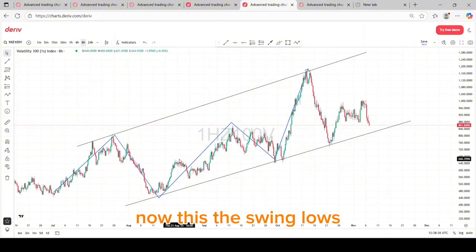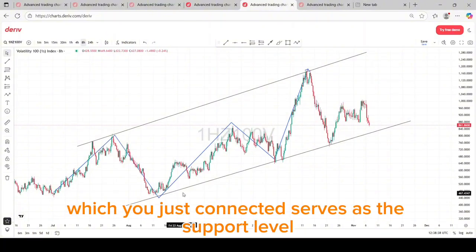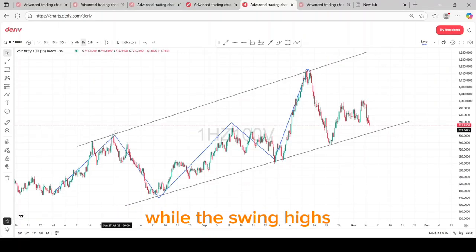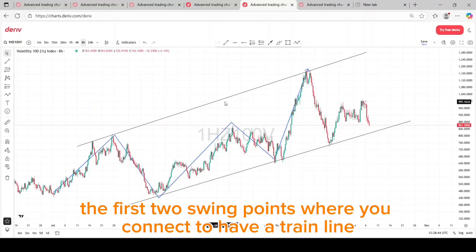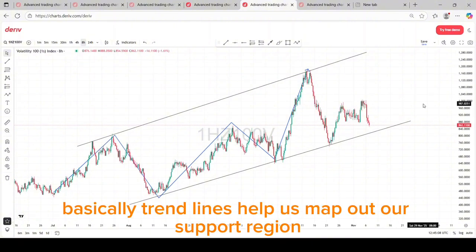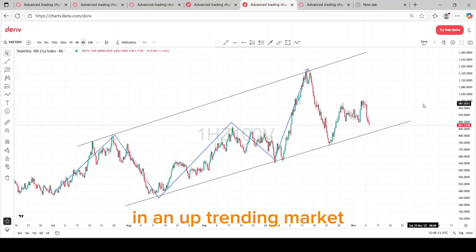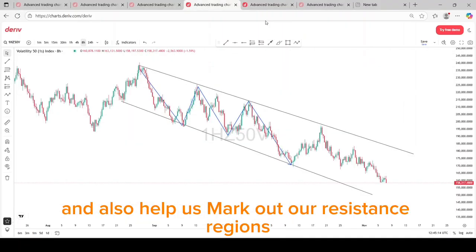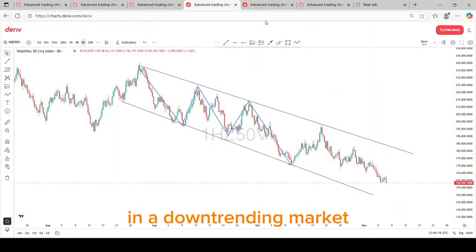Now the swing lows which you just connected serve as the support level, while the swing highs serve as your resistance region. Basically, trend lines help us map out our support regions in an uptrending market and our resistance regions in a downtrending market.